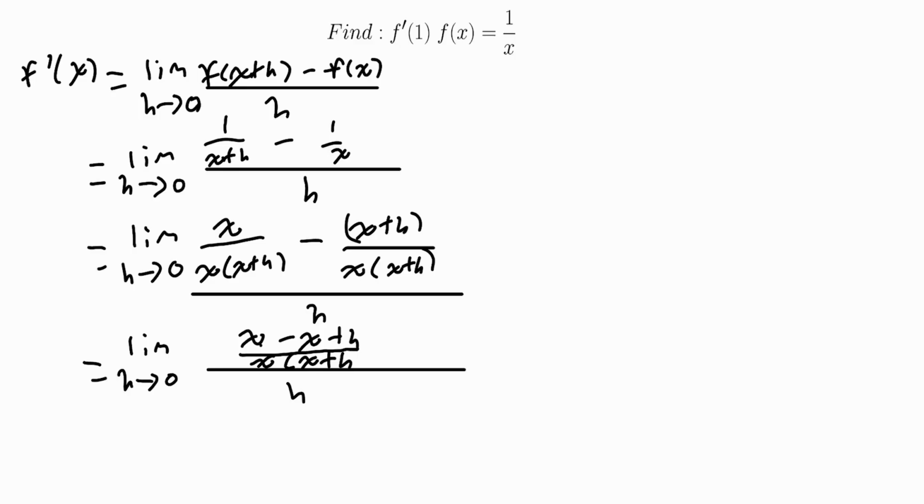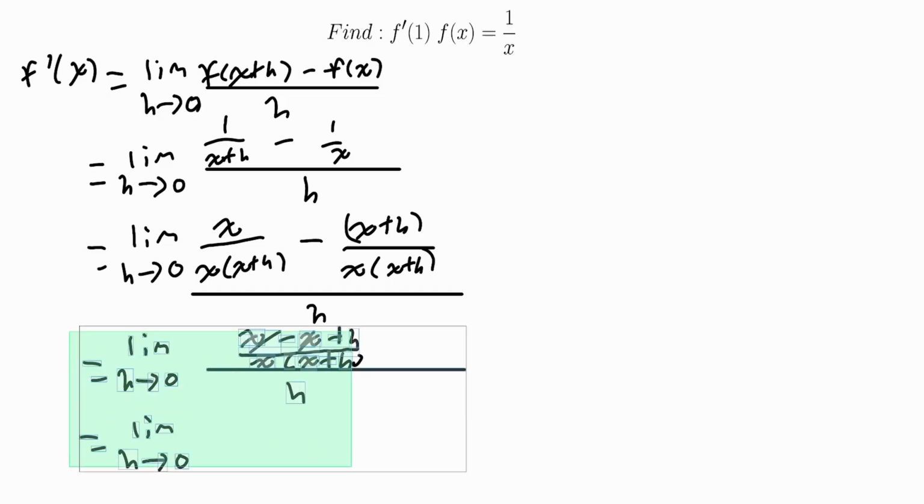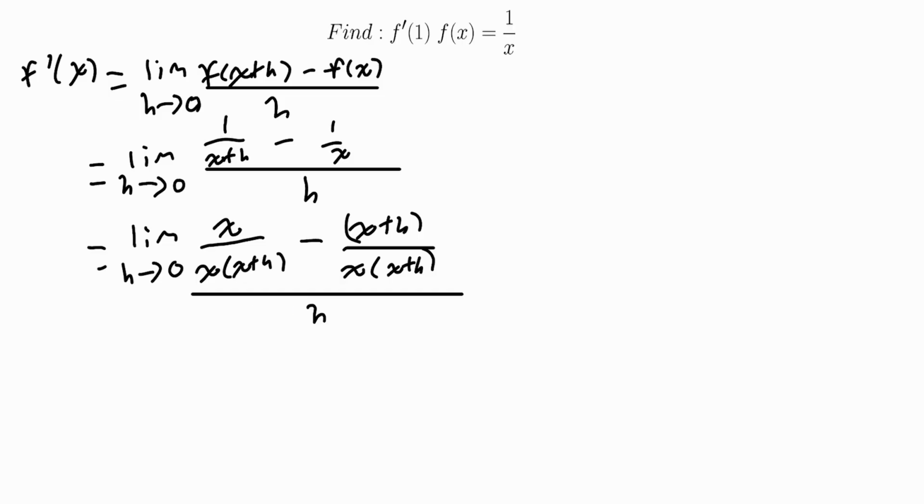And what we'll notice is that our two x's will cancel out, and what we're left with is the limit as h approaches 0 of h over, oh, I actually made a mistake. I just realized. I forgot to distribute the negative properly. Sorry, so let's go back a few steps.